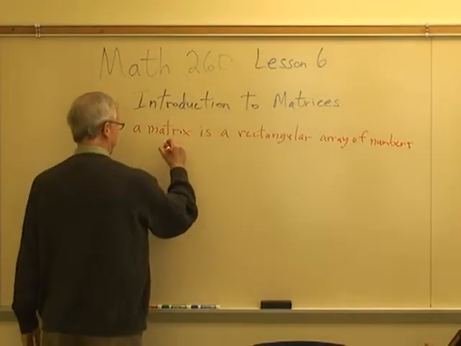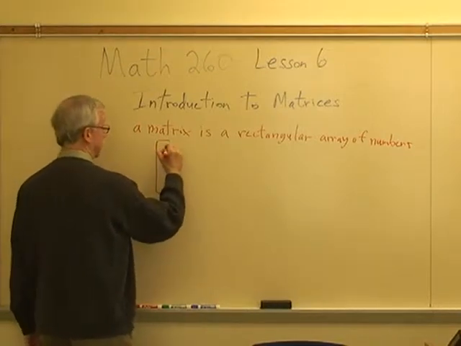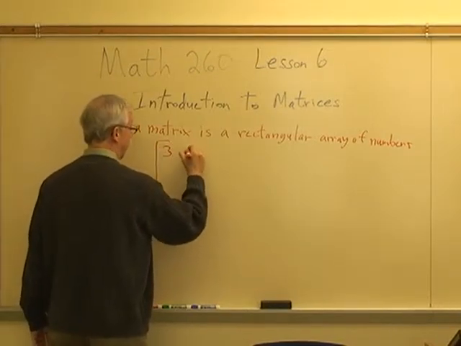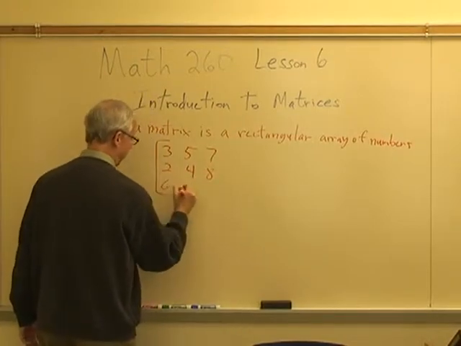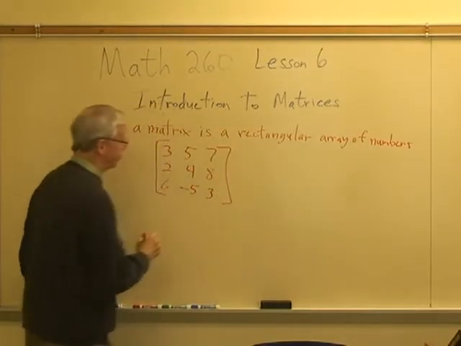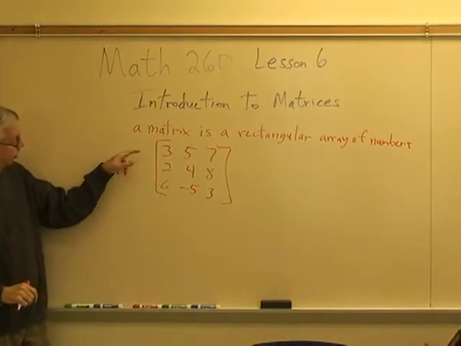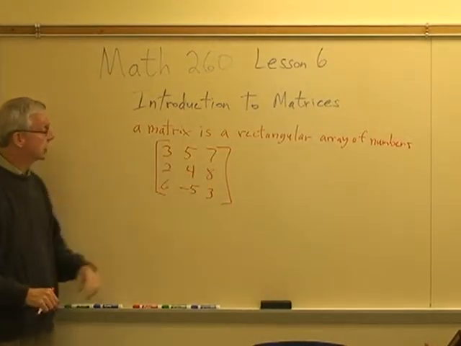And the notation is typically with square brackets. I'll give you a simple example of a matrix: 3, 5, 7, 2, 4, 8, 6, minus 5, 3. This is a 3 by 3 matrix, a matrix with 3 rows and 3 columns.